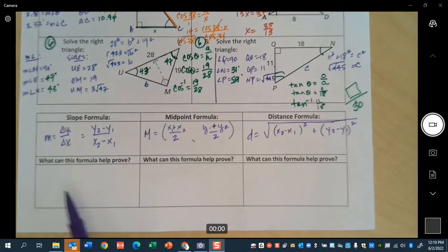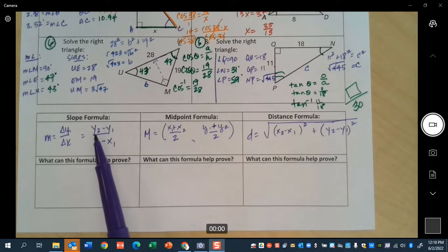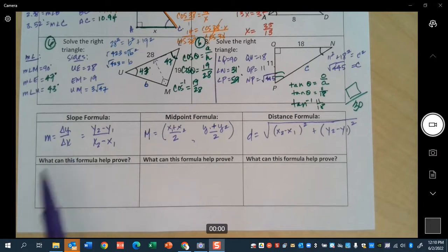For example, if you do y1 minus y2 and x1 minus x2, no one cares, as long as you make sure you do it in the same order. Because it's a change in your y's compared to your change in x's, and nobody cares what coordinate pair you call 1 or 2. So if you mix it up, just mix it up on both.